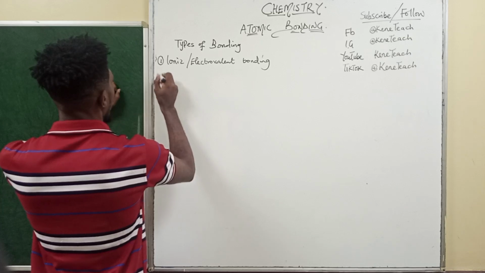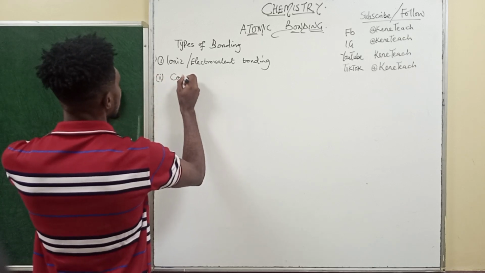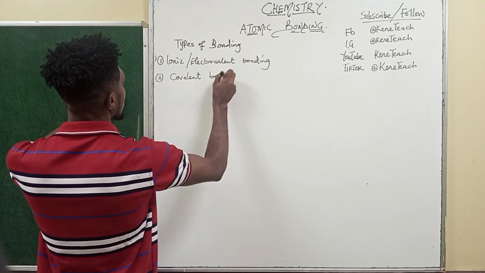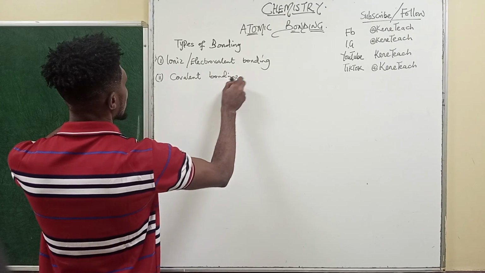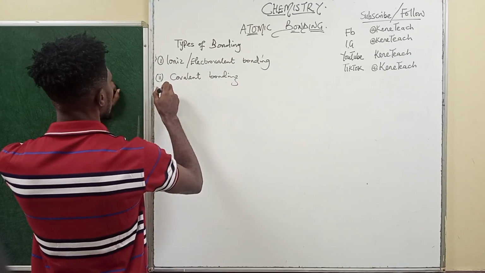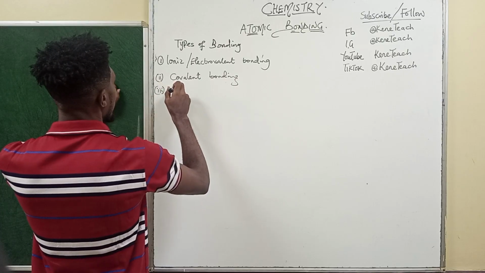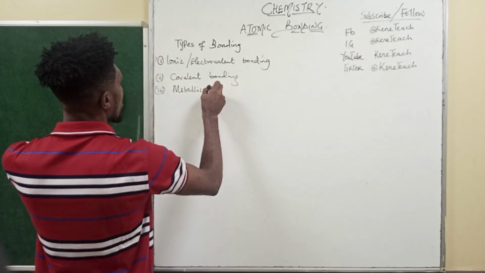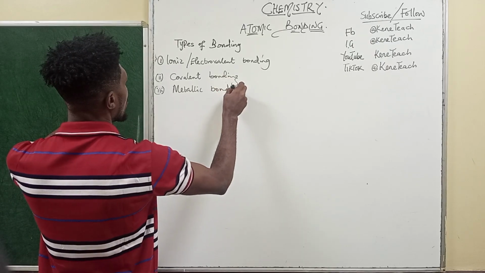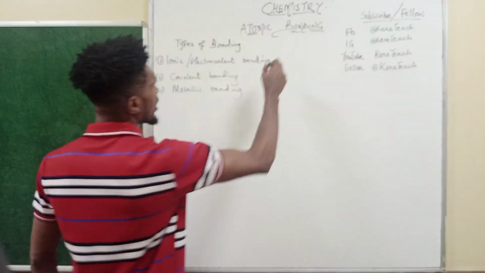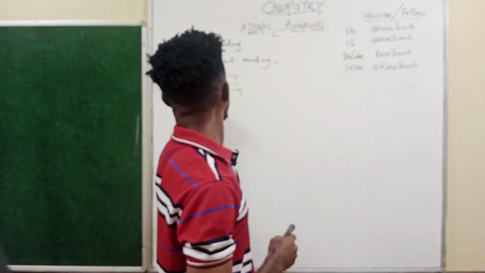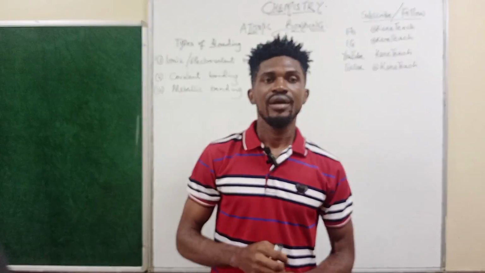The second one we have is covalent bonding. And then the last one, which I would also like to explain, is metallic bonding. But today, we're only going to be explaining electrovalent bonding, or the ionic bonding.